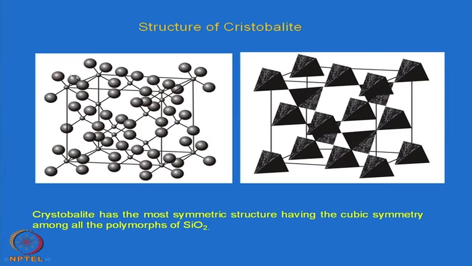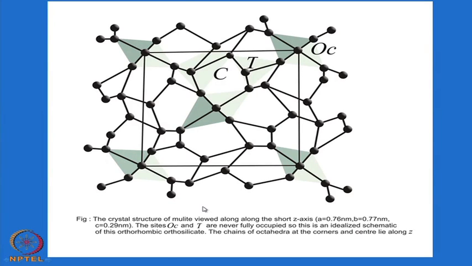These are the details of the atoms, once again within the framework of a cubic structure. At each corner you have 4 different ions, one silicon ion, and surrounding it 4 oxygen ions. That becomes the repeating unit in this structure. So, that is the description of the cristobalite form of silica.